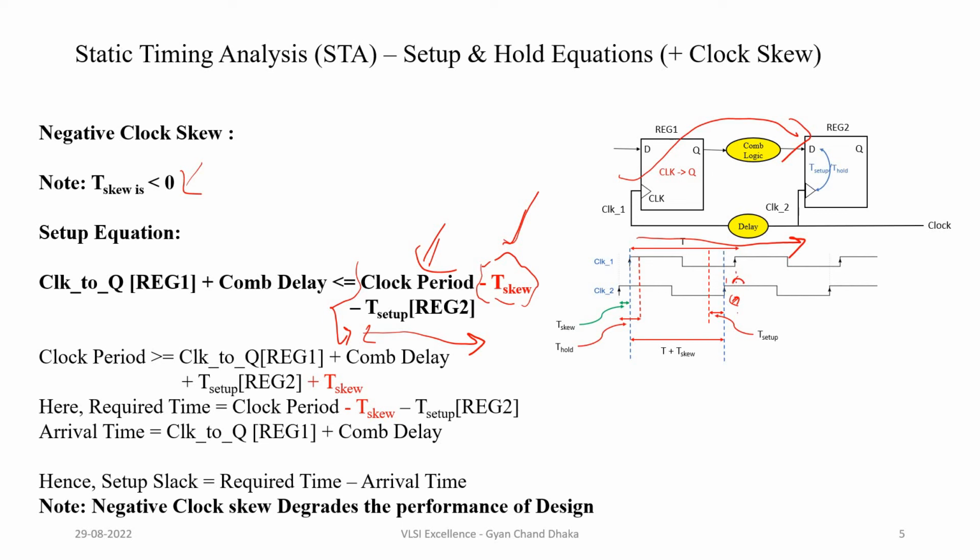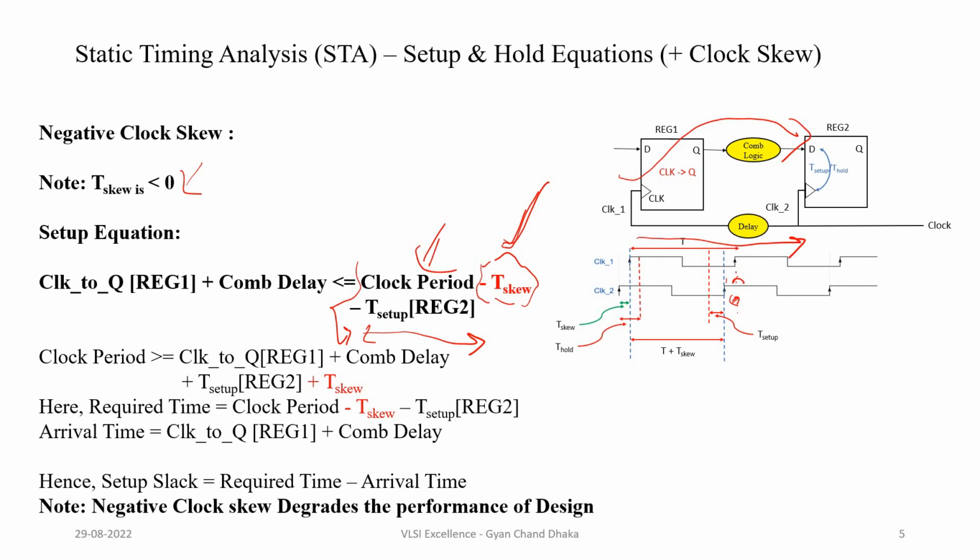So just visualize it and understand that the required time in the ideal case was clock period minus T setup, but now the clock edge itself has shifted left by T skew time. So now the required time has decreased.